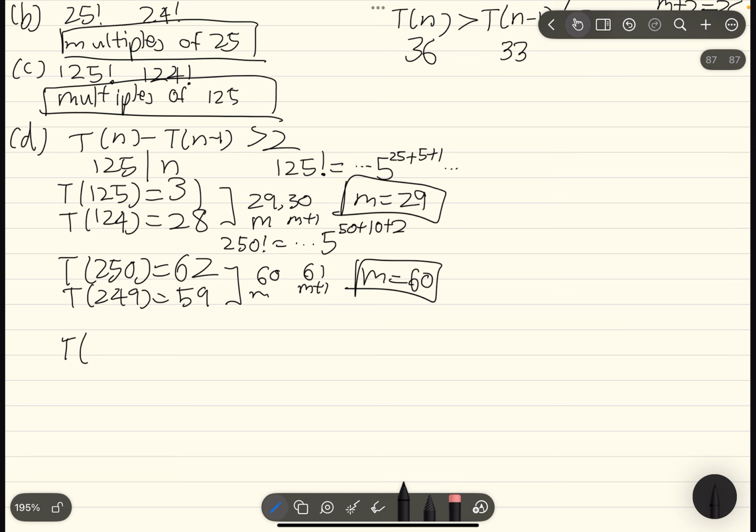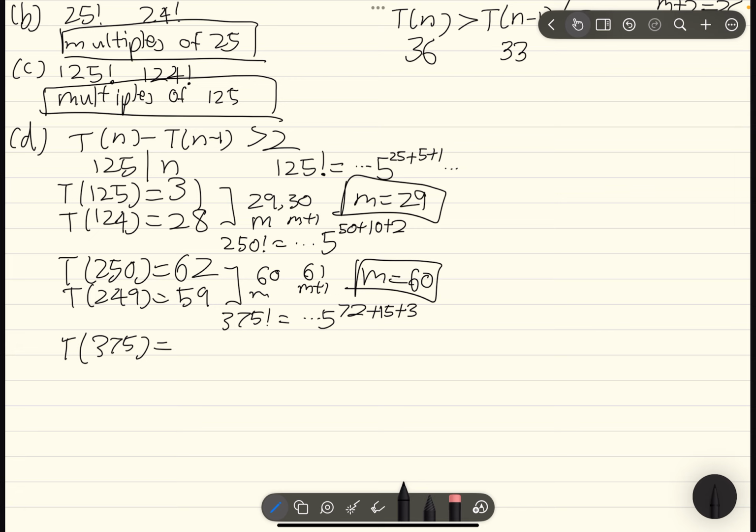Then we have T when it's, how much is 250 plus 125? That would be 375. Okay, so 375 factorial has a total of, so this divided by 5, right? 375 divided by 5 is 75. Plus divided by 25, which would give us 15. And then divided by 125, which gives us 3.